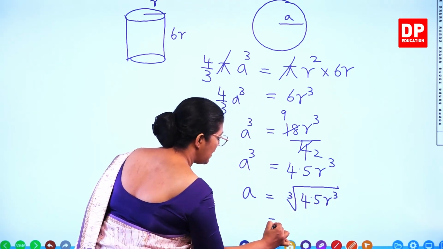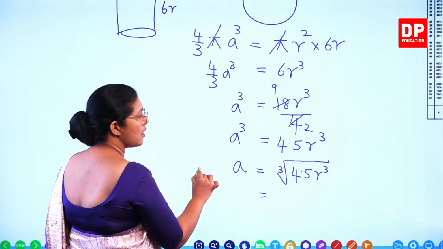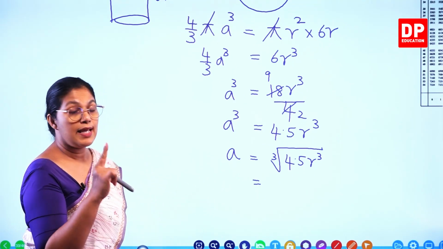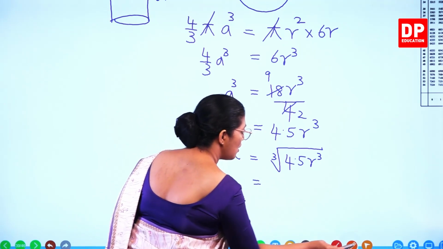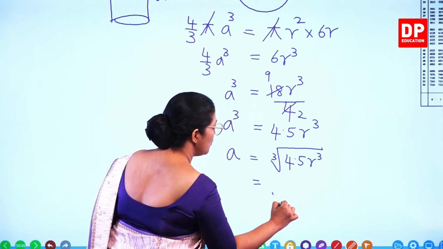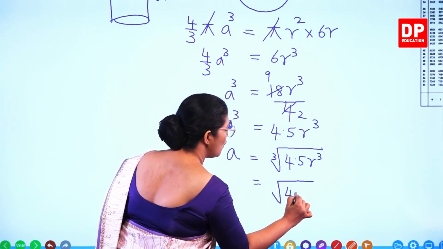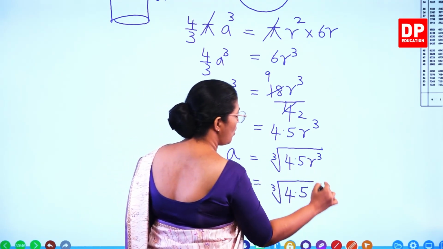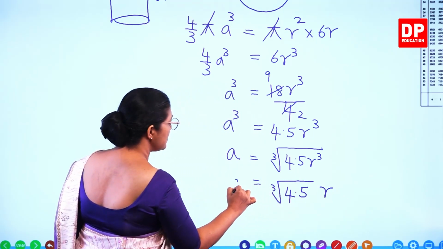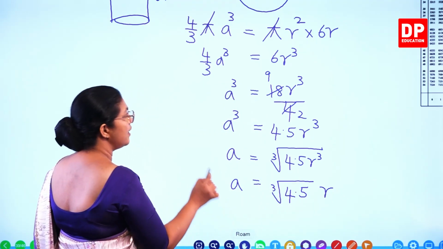Now we can see r power 3 into 1/3. Cube root means 1/3. That becomes 1. So you can rewrite this as cube root of 4.5 into r is equal to a.